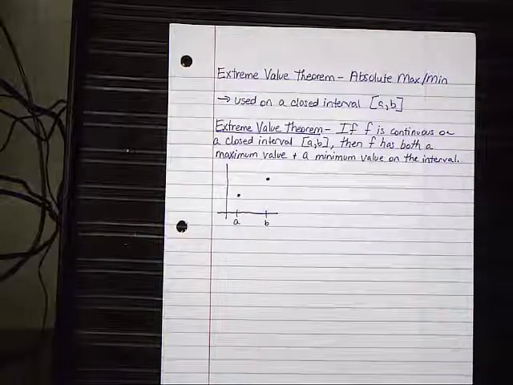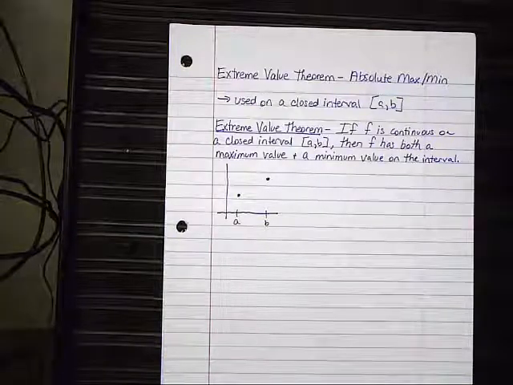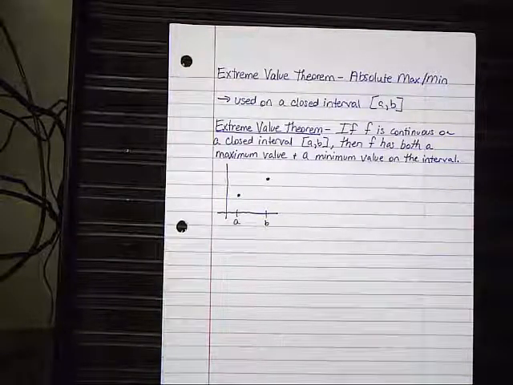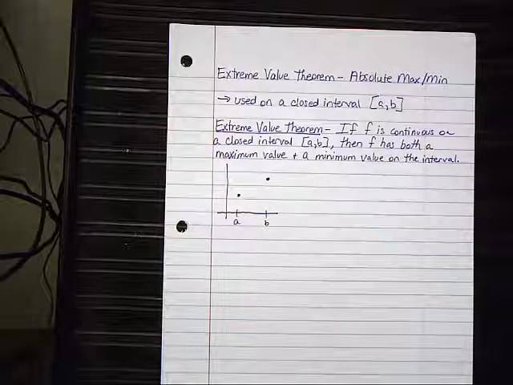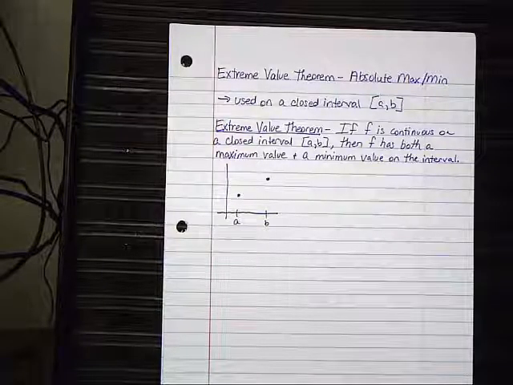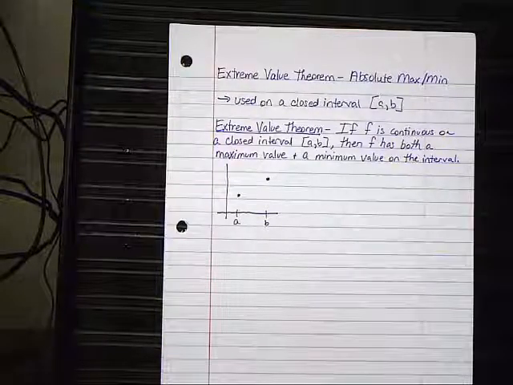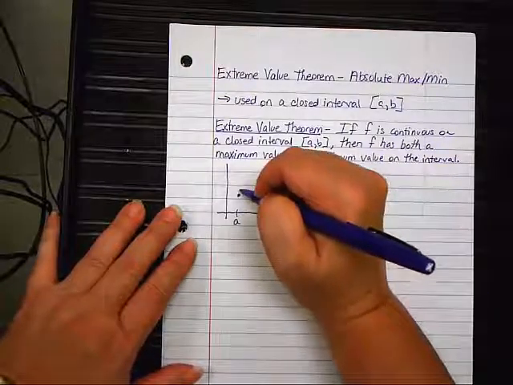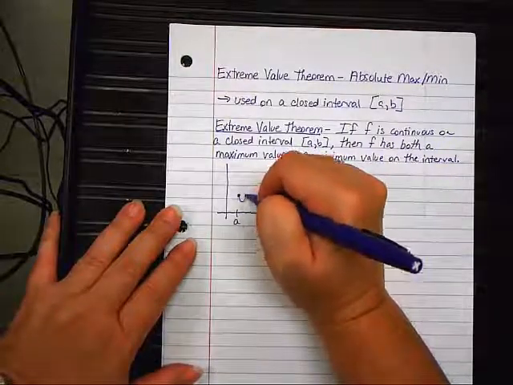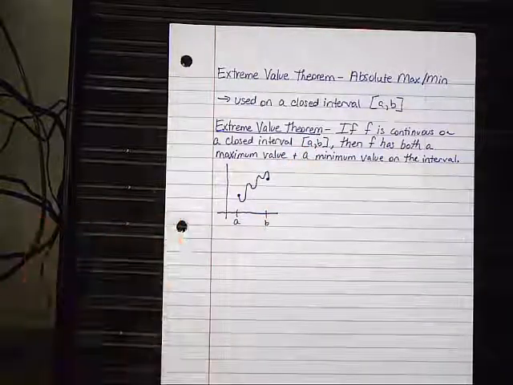Okay? Now, whatever you have on your paper, I want you to draw a continuous curve from A to B. Continuous as in, don't lift your pencil. No holes, no asymptotes. Just draw a function that connects A to B. Anything you want, as long as it's a function. There's my function.